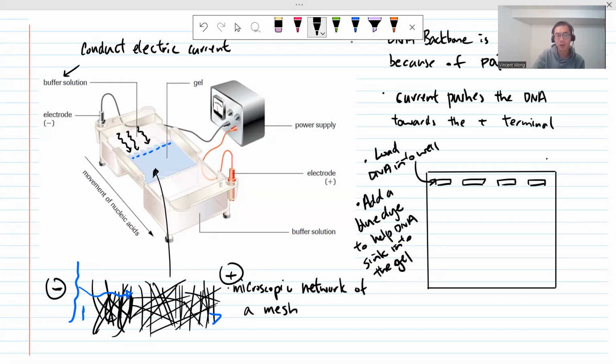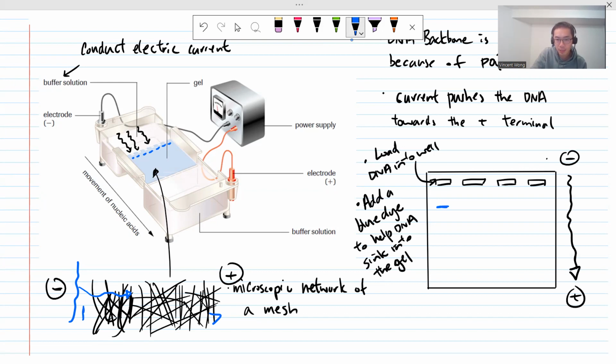And it also gives you a visual way to track the approximate location of the DNA. So you're going to load your sample into the well, and then you're going to apply the electric current. This is negative, this is positive. It's going to push the DNA forward, and then they will separate.